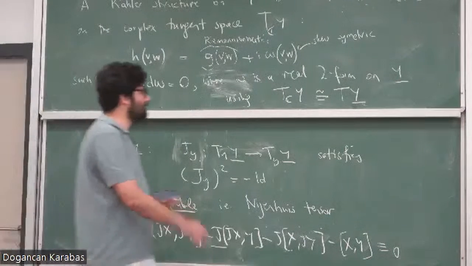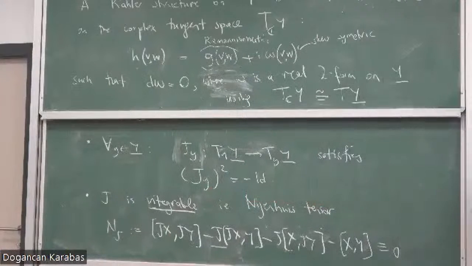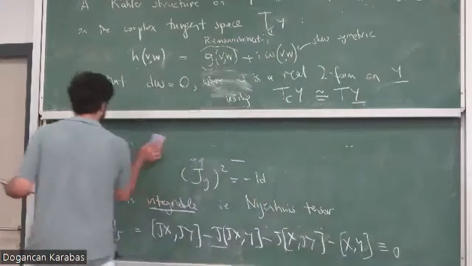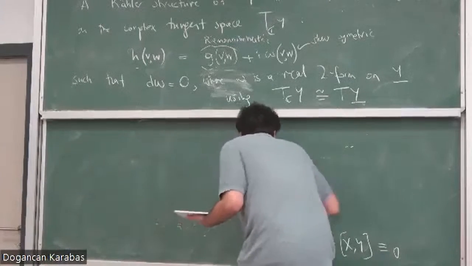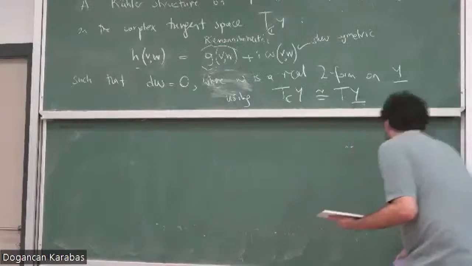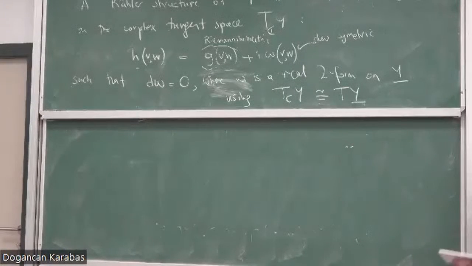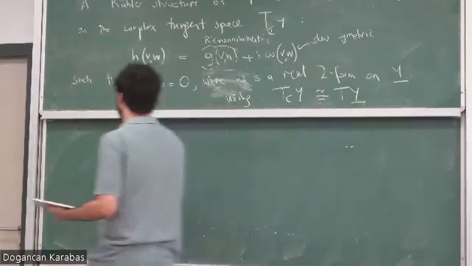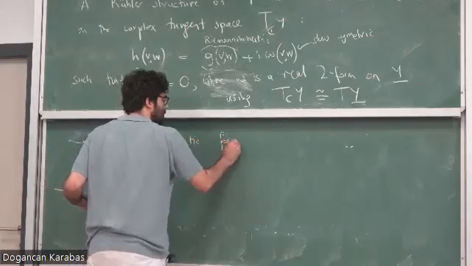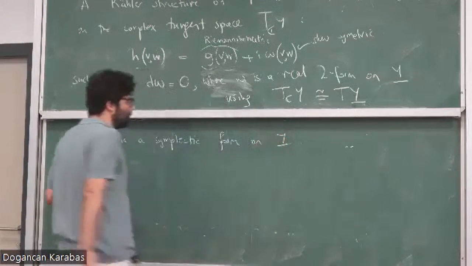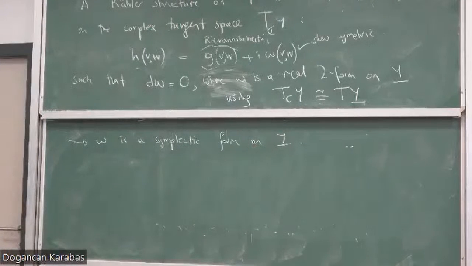So this omega is a symplectic form. Symplectic form on Y underline means it's a closed non-degenerate two form.